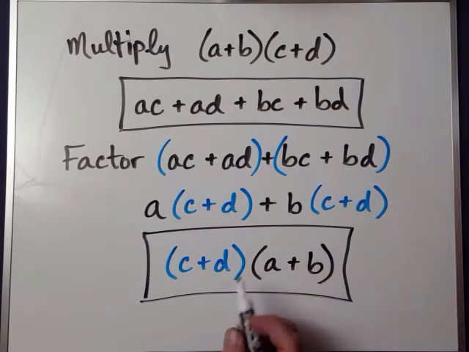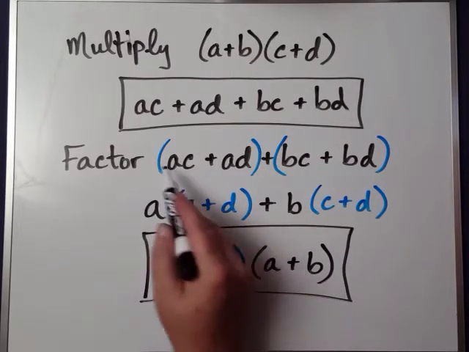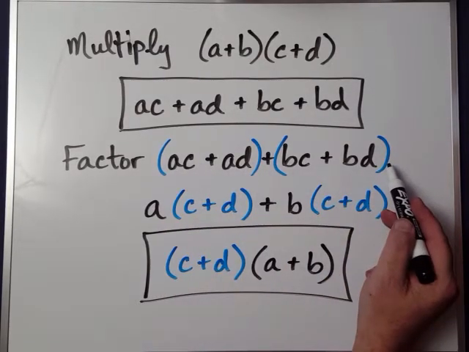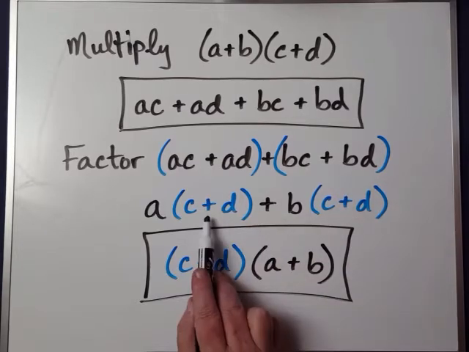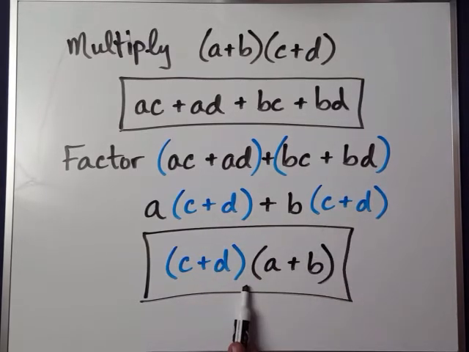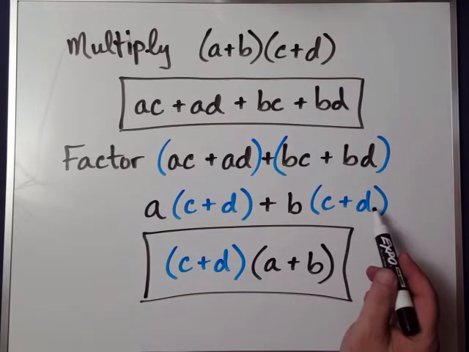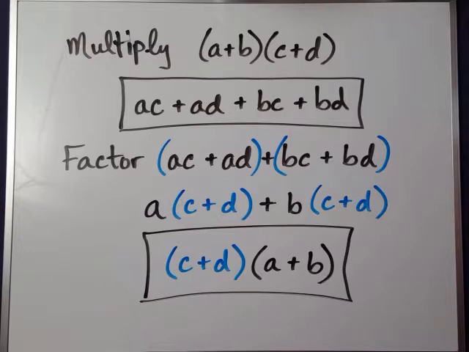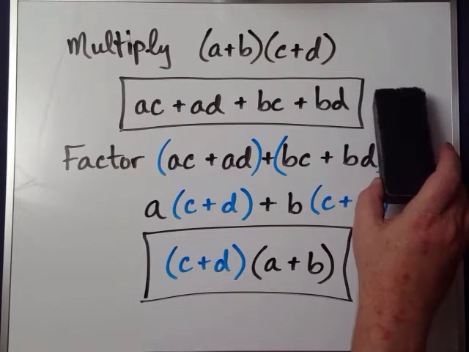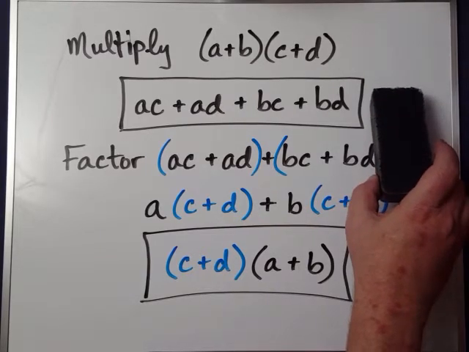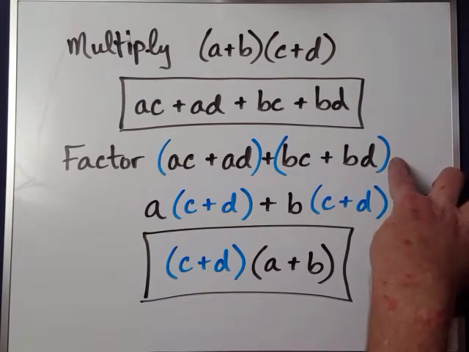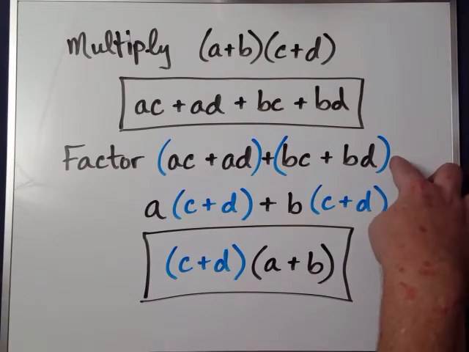So if I'm going to undo that process, when I have 4 terms, I'll use factor by grouping to undistribute, undistribute, and undistribute again. Or factor out that greatest common factor. Factor out the greatest common factor, and factor out the greatest common factor again. So that's the idea. We'll know to try factor by grouping when we have a problem that starts off with 4 terms. So let's grab some homework problems.